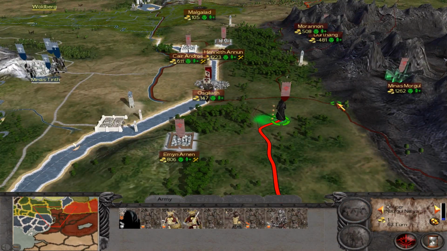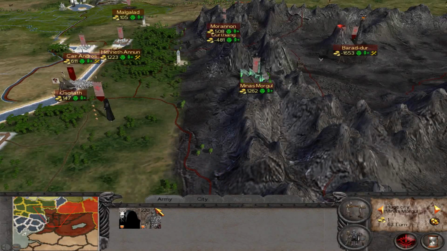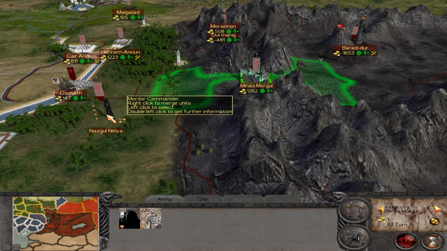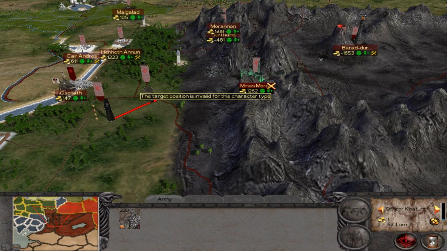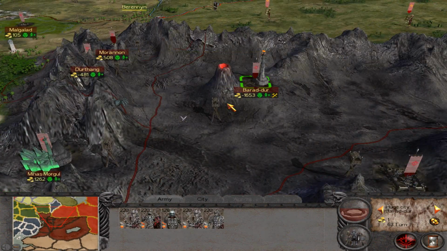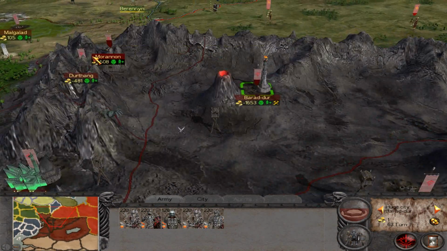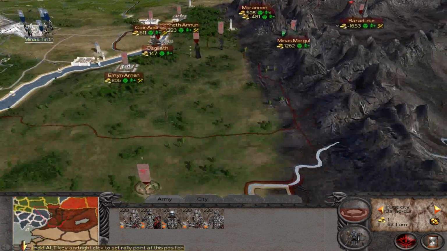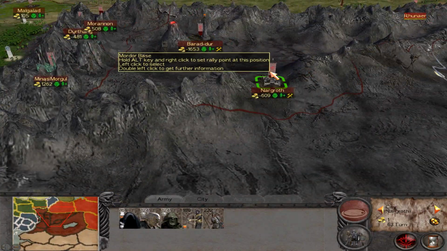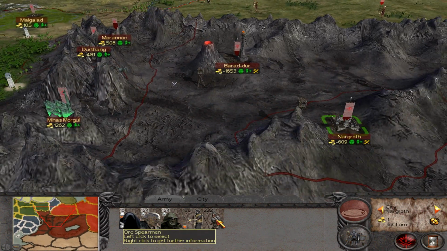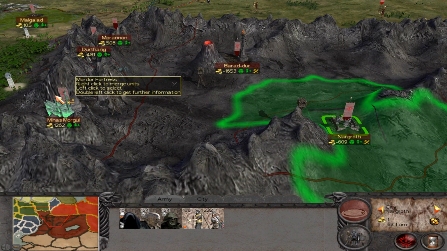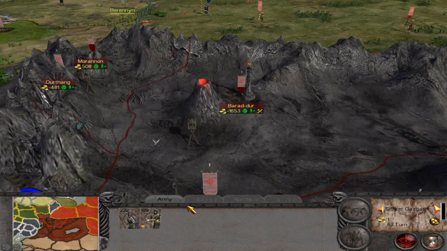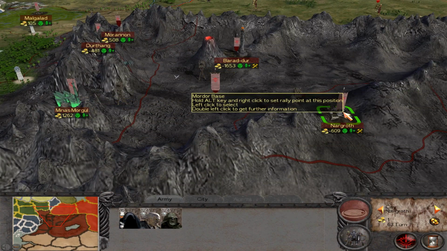Okay. Move the orc. Okay, so we have some troops. Move some orcs towards Minas Morgul.